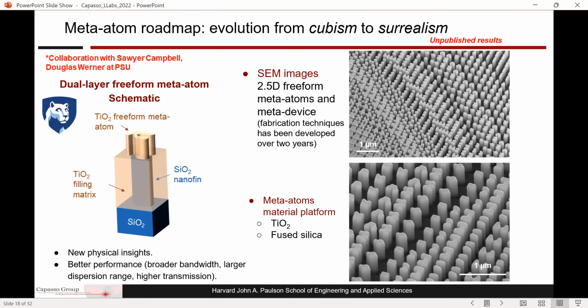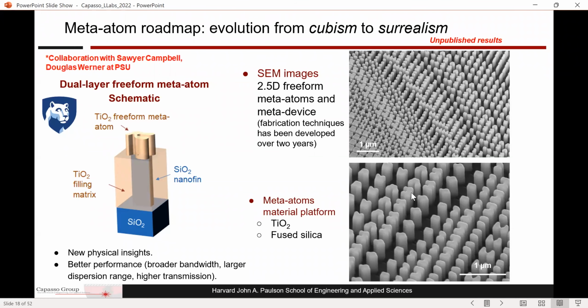We have started to work on this platform here, making free-form titanium dioxide meta-atoms. We have glass nanofilms in a matrix, and then you combine them. You see, these are actually the SEM pictures of these. You can see the top of these, which are free-form meta pillars.